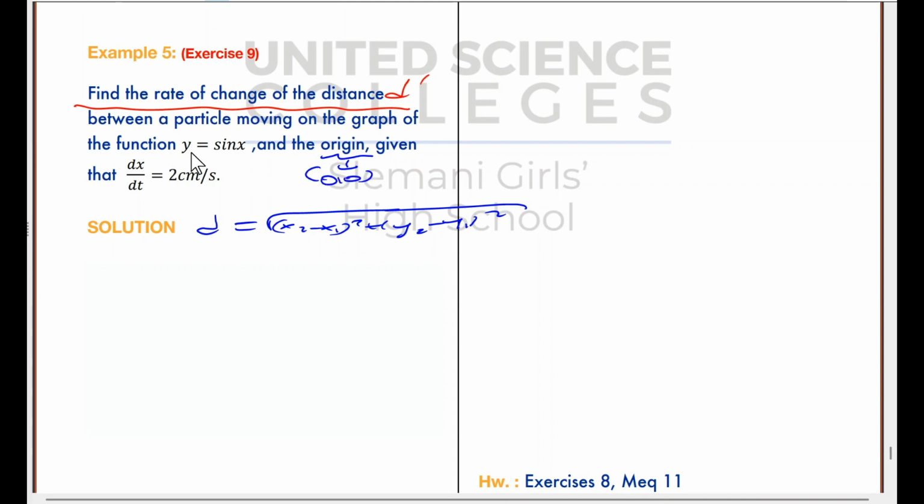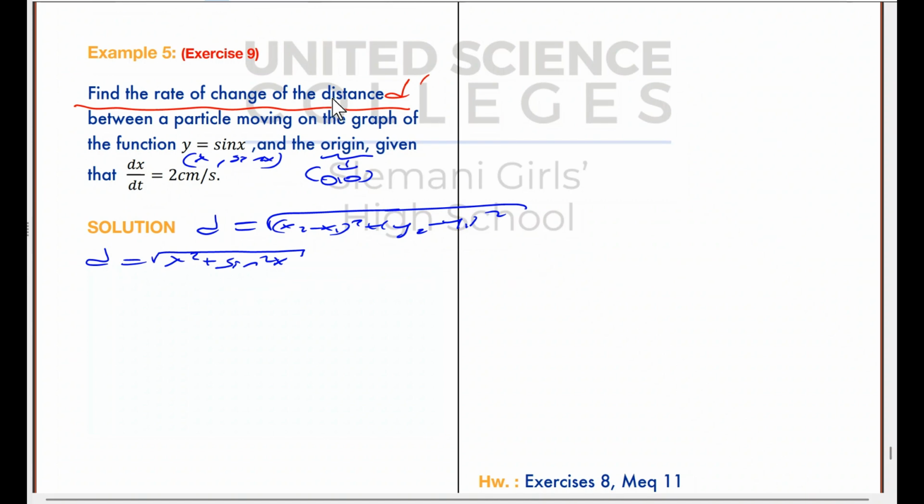And the other point is we have y as sine x. What is its x? Its x is x. So x, sine x is the other point. So by substituting those 2 points in this formula, we get the square root of x minus 0 squared, which is x squared, plus y minus 0 squared, which is sine squared x. So now we take the derivative of this.